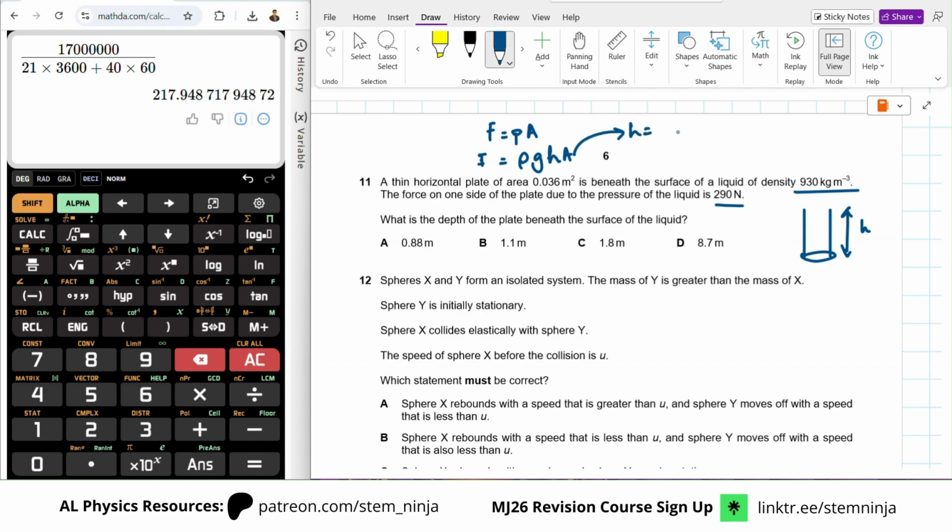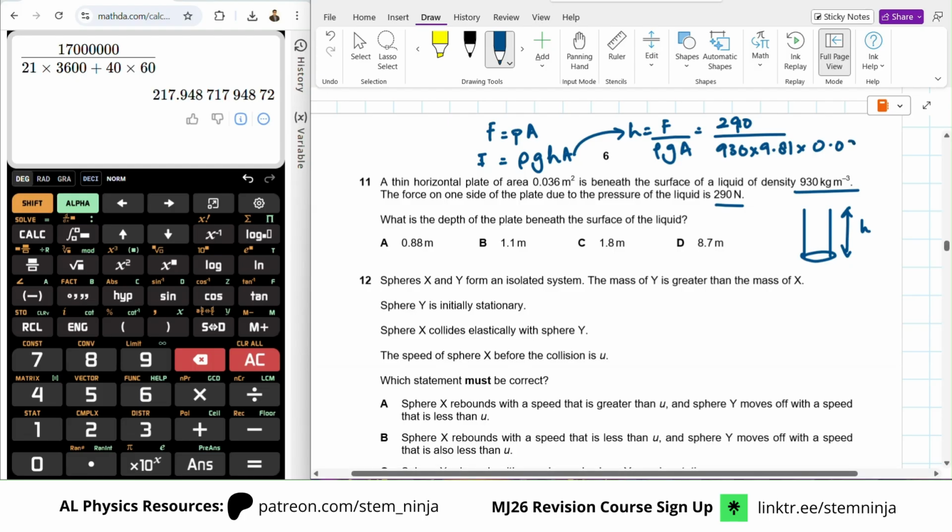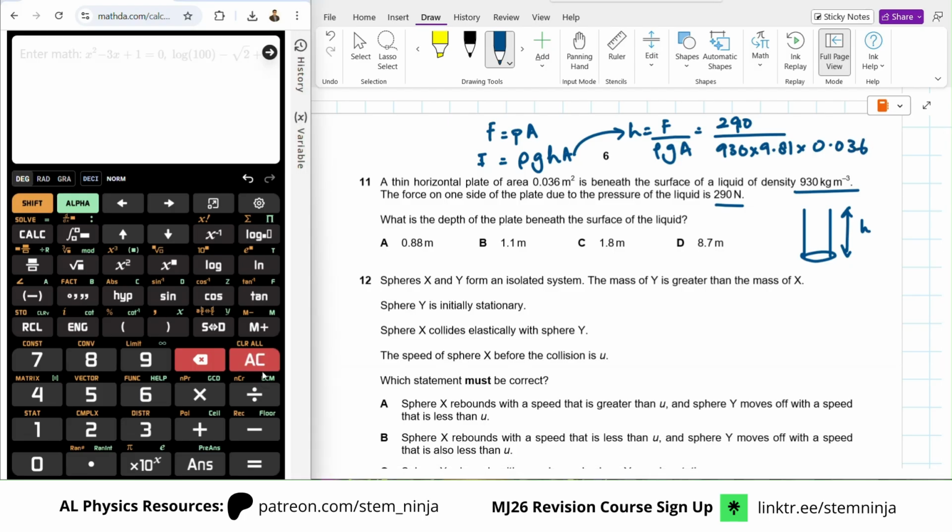So H would be force over rho g A. So force is given as 290, rho is 930, g is 9.81, and cross-sectional area 0.036. So 290 divided by 930 divided by 9.81 divided by 0.036. Oh, sorry, 36.